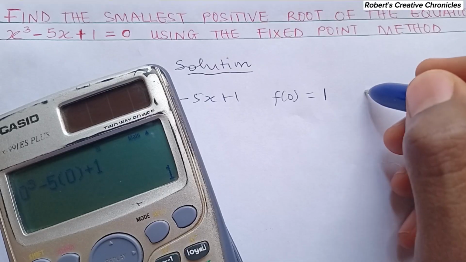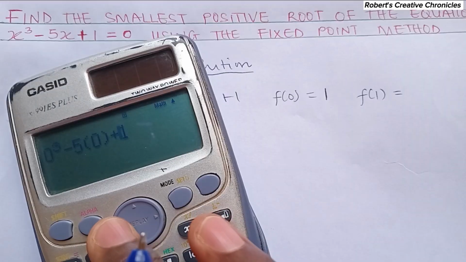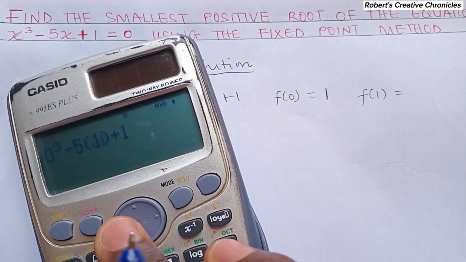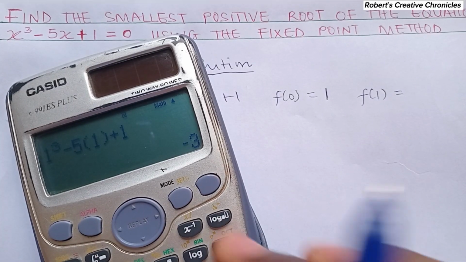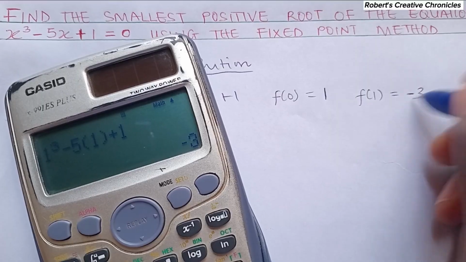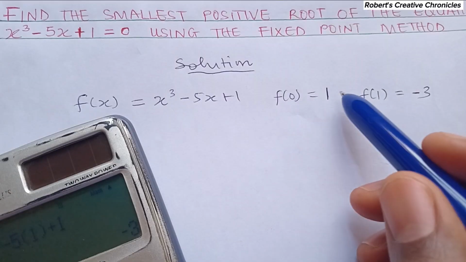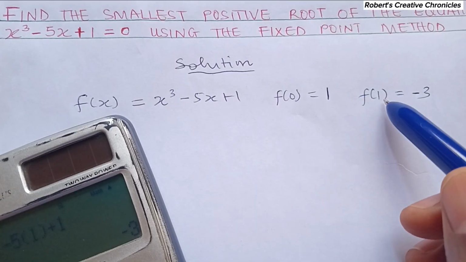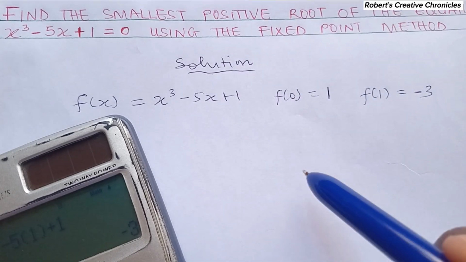Then we'll substitute 1 also. This is negative 3. So when we substitute 0 we get 1, and when we substitute 1 we get negative 3. That means the root lies in the interval of 0 and 1.